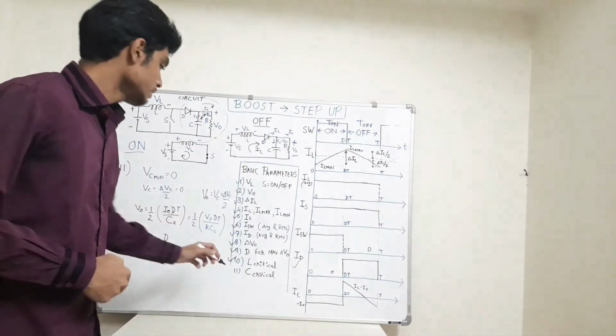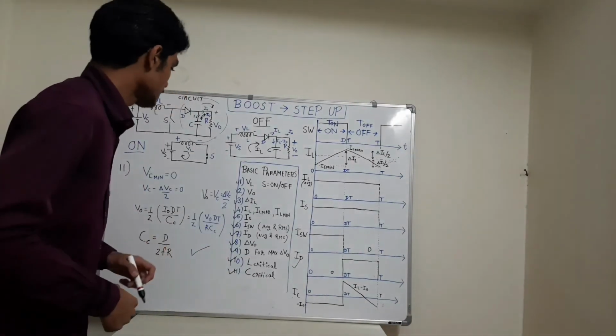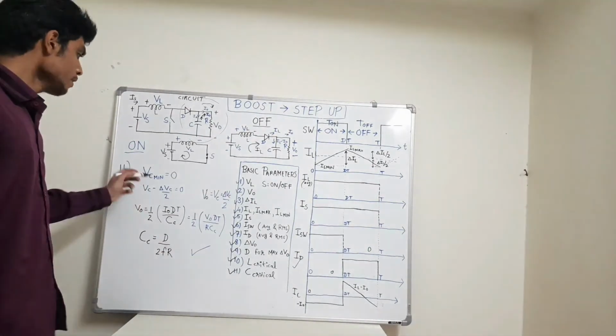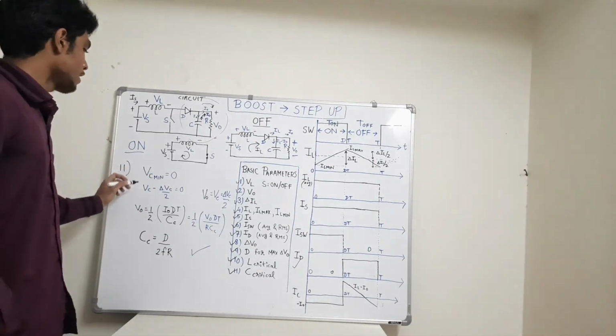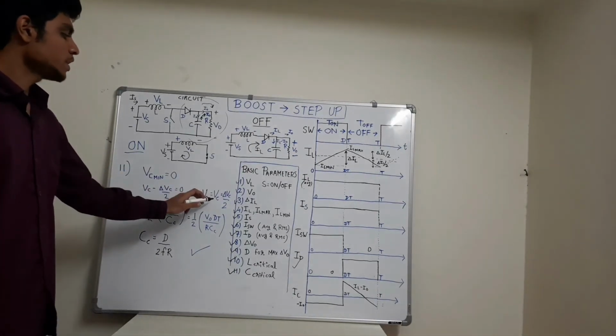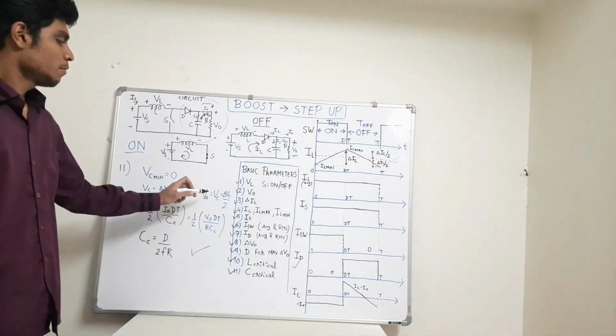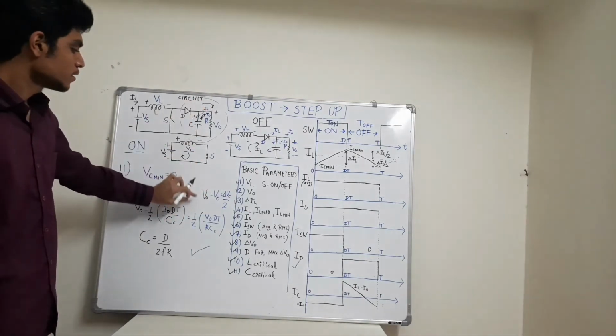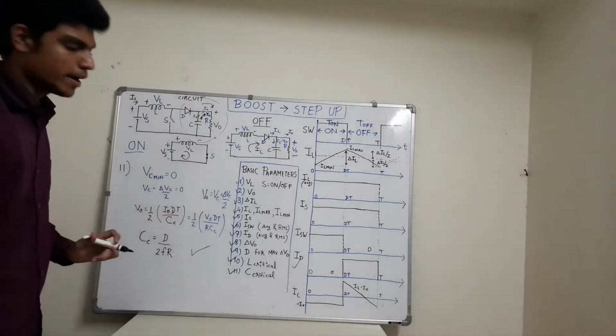So let's start with the 11th parameter, that is C critical. For C critical, similarly Vc min equals 0. Therefore Vc minus del Vc by 2 equals 0. So Vc equals del Vc by 2. But Vc, the capacitor voltage, equals V0. So V0 equals del Vc by 2.